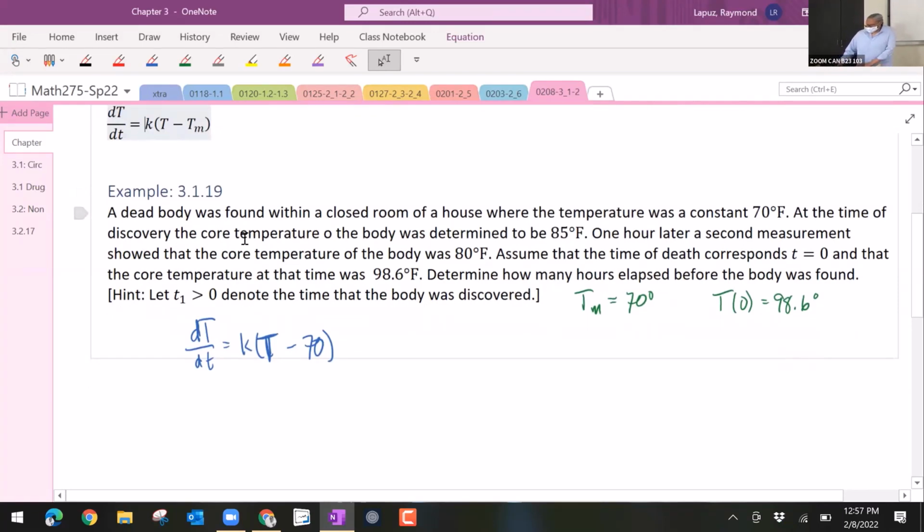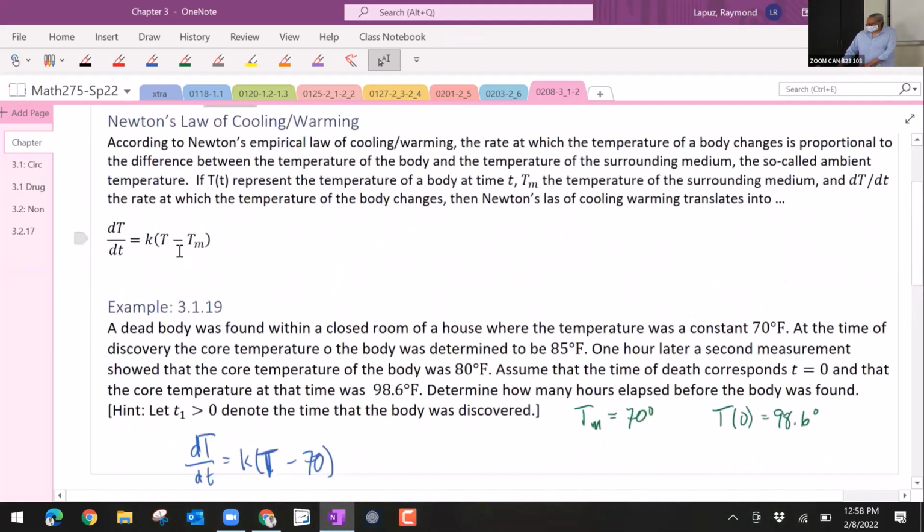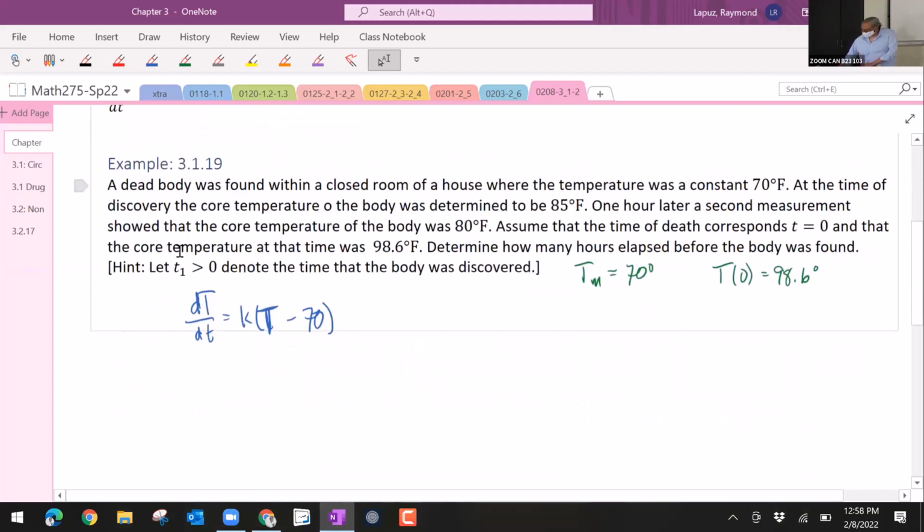All right, now that we have that, this is a separable differential equation, which we can solve. We're also in a section called linear modeling, so we can also treat it like a linear equation, so maybe we'll do that. As a linear equation, we can write dT/dt minus kT is equal to negative 70.